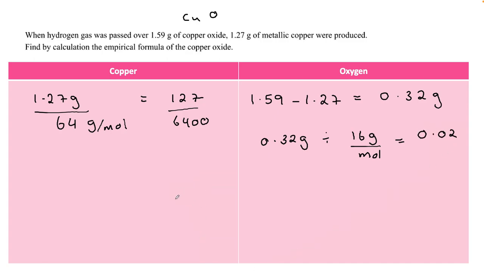And if I put these up against each other again to get my ratio, so remember 127 over 6,400 worked out to be 0.01984 is to 0.02.